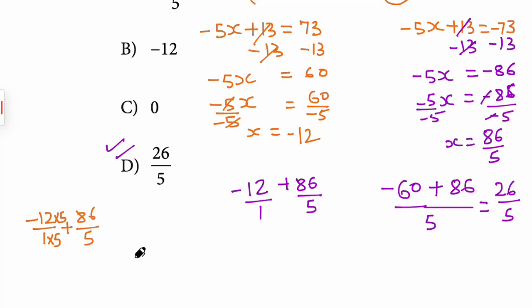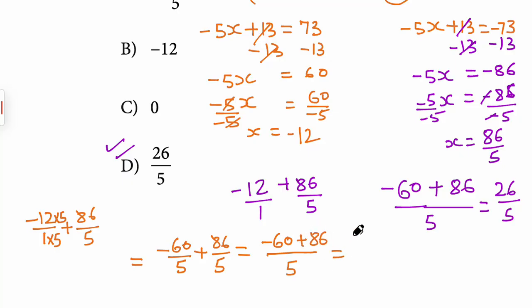Now it becomes negative 60 by 5 plus 86 by 5. Because the denominators are the same, I do not need to apply the butterfly method. I can just write the denominator once and solve the numerators as they are, and this is also 26 by 5.